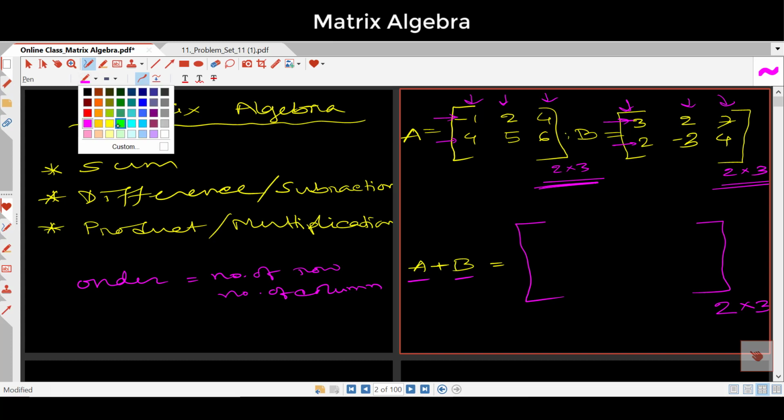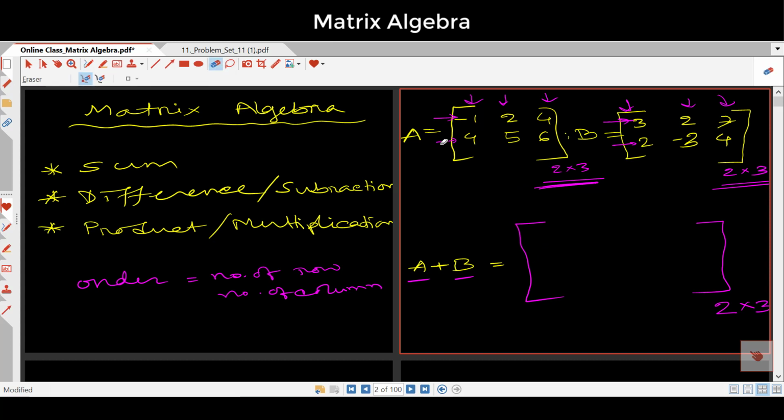So first of all we have to think about the addition. Addition of two matrices can be done entry wise. You have to do the summation entry wise. It means first entry plus first entry, second entry plus second entry, third entry plus third entry: this plus this, this plus this, and this plus this.